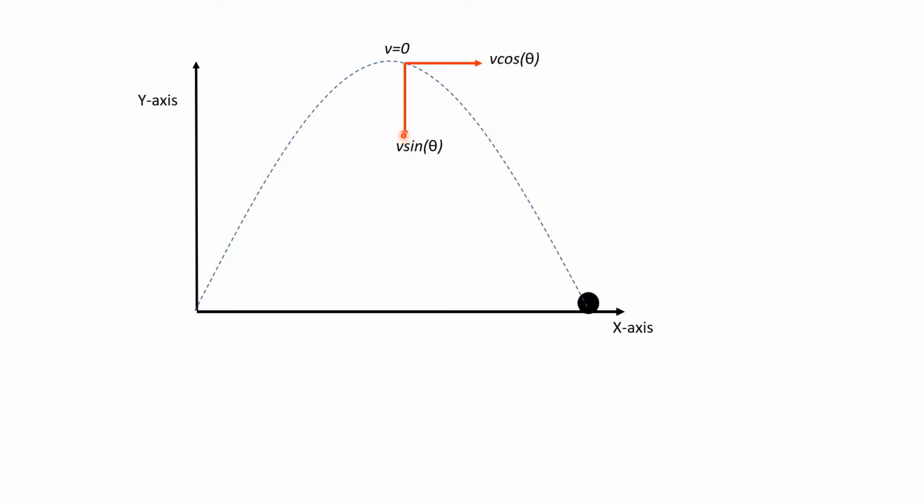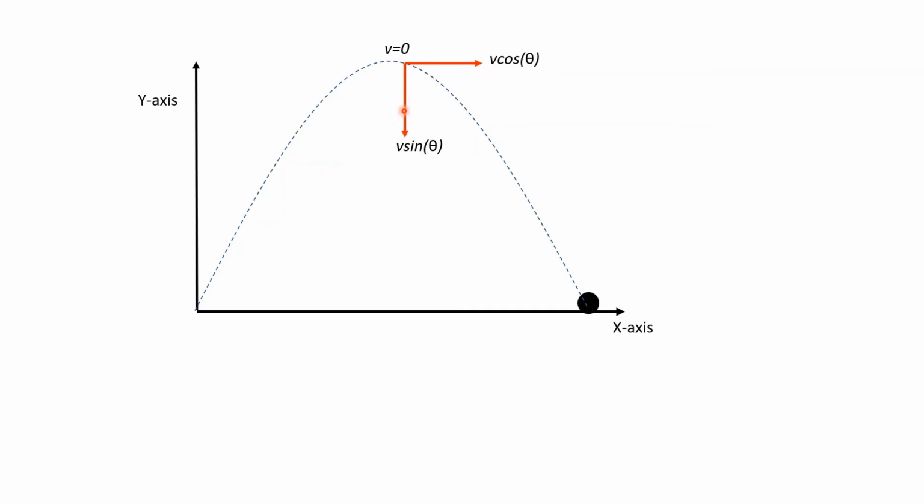The horizontal component v cos theta is the same as previously, with the same direction and magnitude. There is no change in the velocity of the particle along the horizontal direction. That's why we call the velocity along the horizontal component a constant velocity motion, whereas the velocity along the vertical component has constant acceleration.